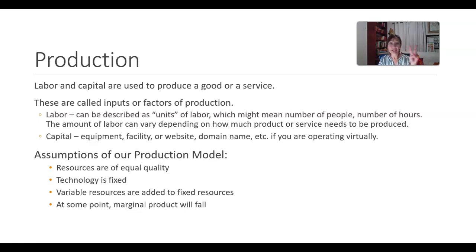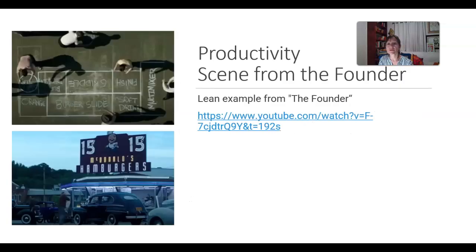We're going to assume our technology is fixed. We're going to do it one way. That variable resources like labor will be added to the fixed resource like your equipment. And then we're going to look at a concept called marginal product and law of diminishing returns. Okay, so right now we're still setting the stage for all of this.